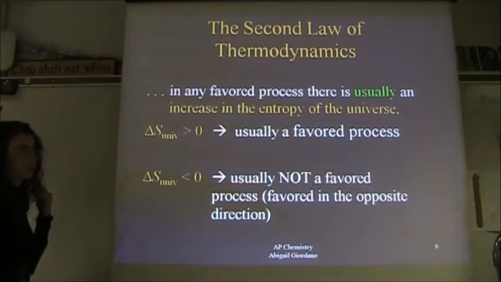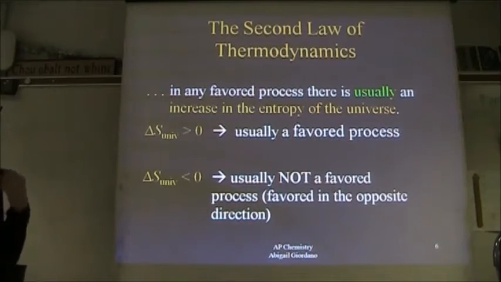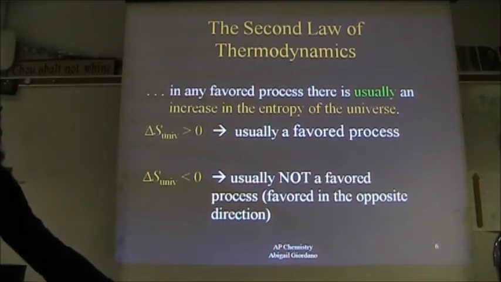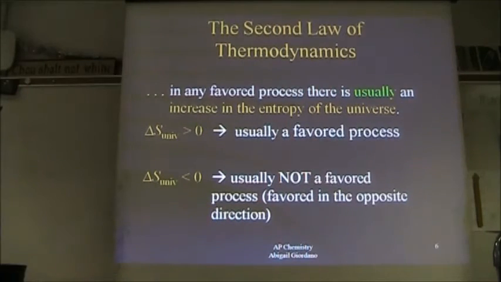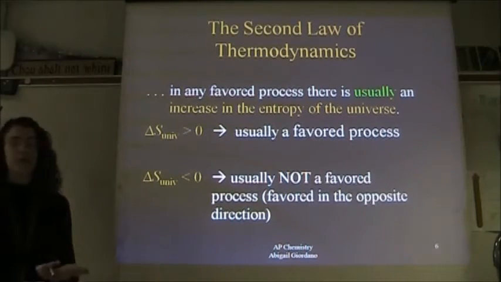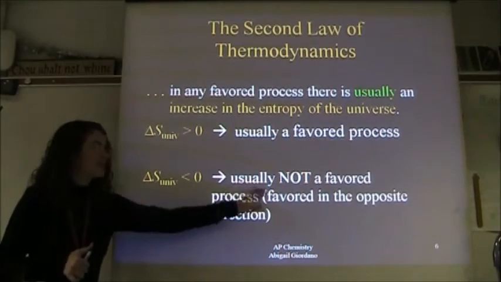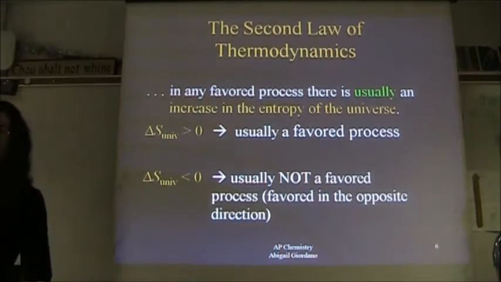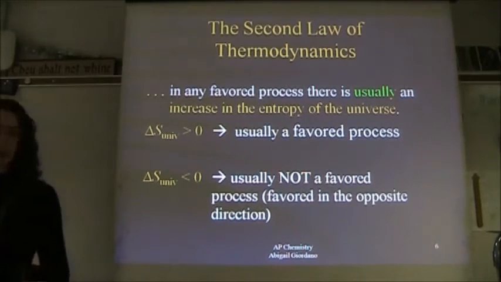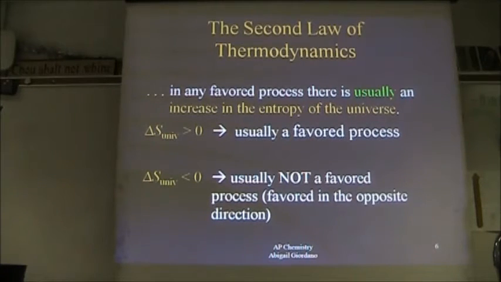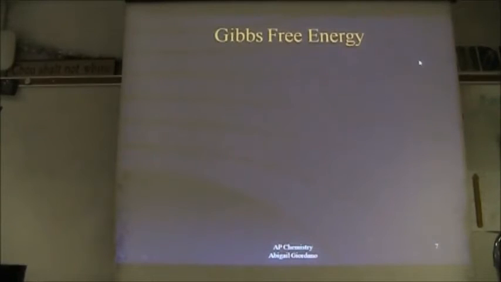Okay. Now, how do you make a decision where you know for sure whether something is favored or not? How do you know when you can stop using the words usually, probably, likely? Here's how you can know for sure. You are going to calculate something called Gibbs free energy.